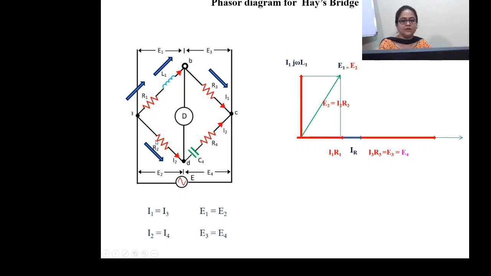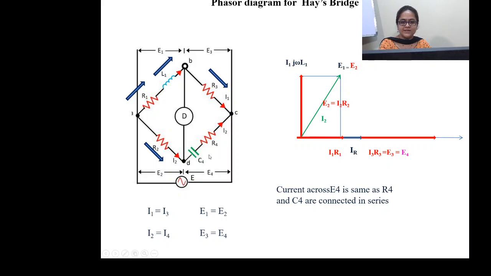That we'll do later. First we'll draw the phasor for R2. For R2, we know that the voltage across R2 is given by E2, and E2 is nothing but I2 R2, which is already drawn by the green line. So by default we have got the phase for I2, and the phase for E2. We know that the phase for I2 is same as that of I4.